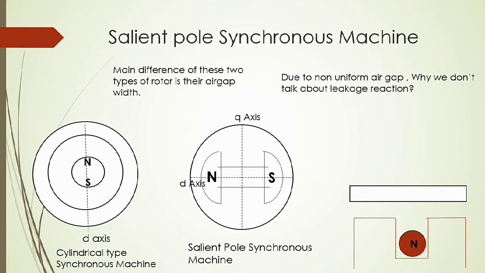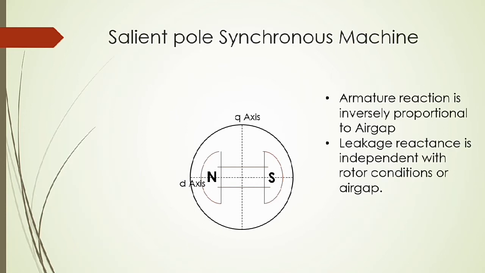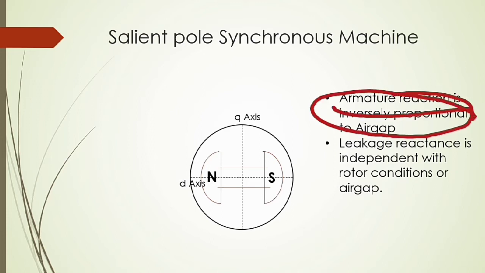Okay, so next is, you have seen the armature reaction. Armature reaction is inversely proportional to air gap, we know already. Here I will tell you how the armature reaction is inversely proportional to air gap. Air gap means the distance.